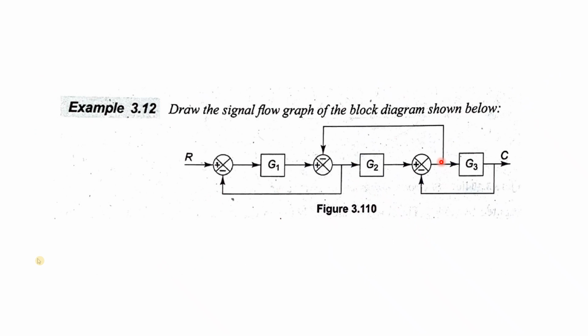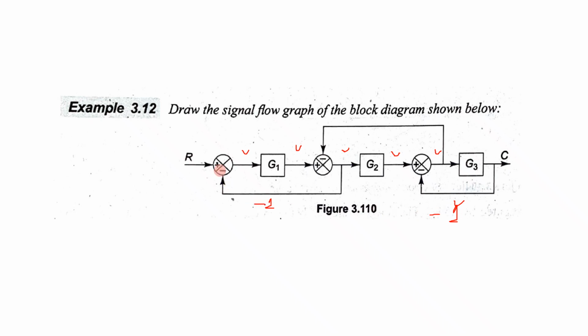Suppose the first step is to draw the signal flow graph for this particular block diagram. Before going to the conclusion, I will show you how to do this. In step number 1, we represent the signals. This is missing, all are missing over here.